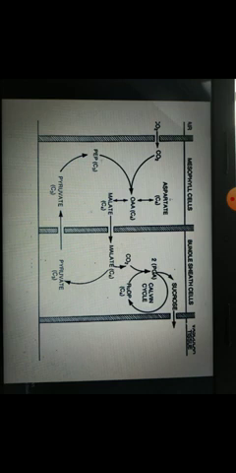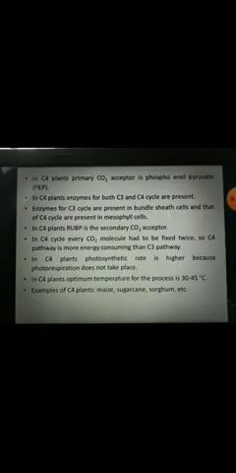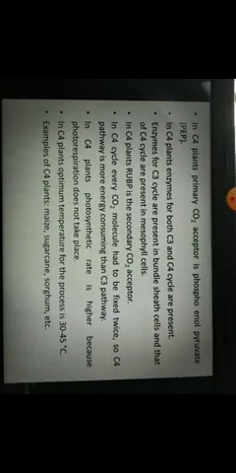Malate is transferred into the bundle sheath cells where it is decarboxylated, carbon dioxide is removed, it combines with RuBP, and this continues the Calvin cycle and sucrose or sugars are formed. Now this malate is converted back into pyruvate, and then this pyruvate is transported back into the mesophyll cells where it is converted into phosphoenol pyruvate, and then this phosphoenol pyruvate combines with carbon dioxide again, and this is how this cycle continues. So this is the write-up of this whole cycle.